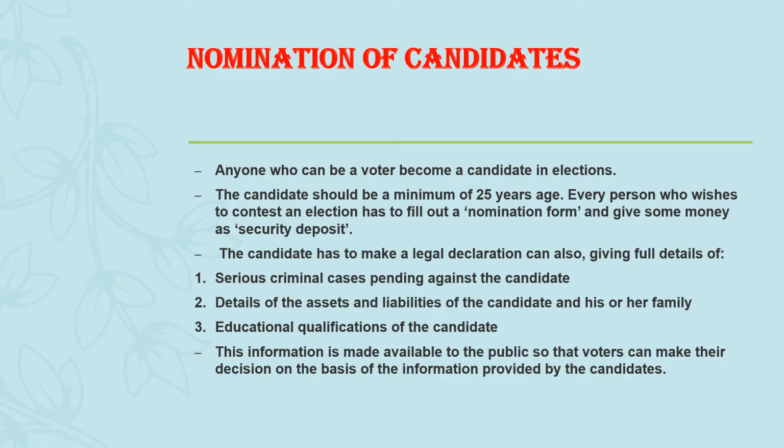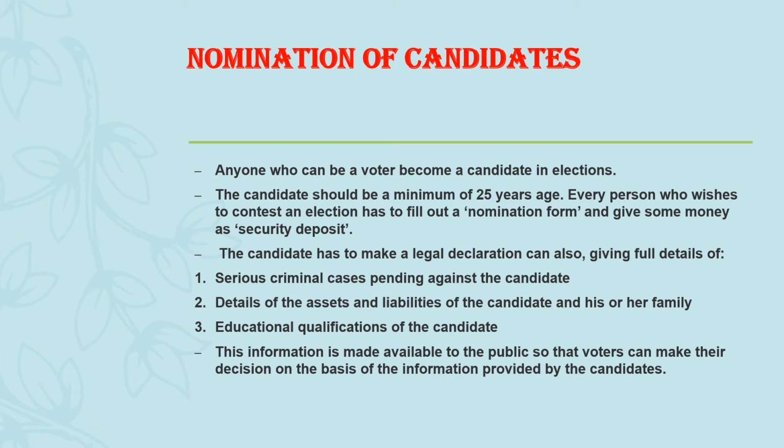Next one is nomination of candidates. Anyone who can be a voter can become a candidate in an election. The candidate should be a minimum of 25 years of age. Every person who wishes to contest an election has to fill out the nomination form and give some money as a security deposit.